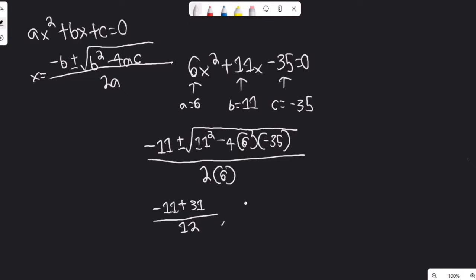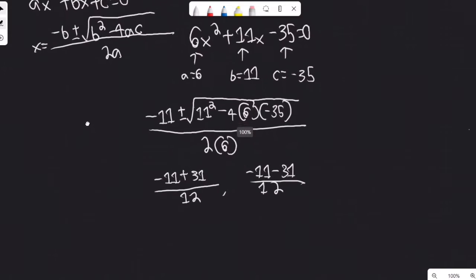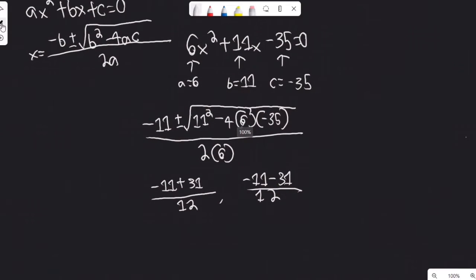Alright, let's make the next one. So negative 11 plus 31 over 12 is 20 over 12, which simplifies to 5 over 3.